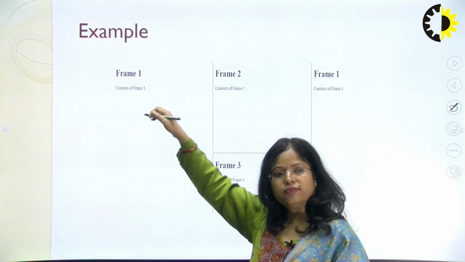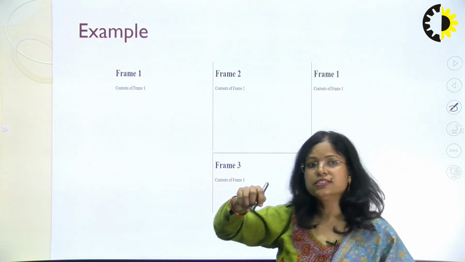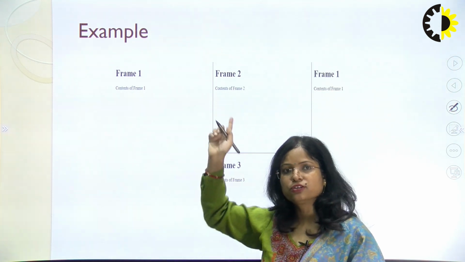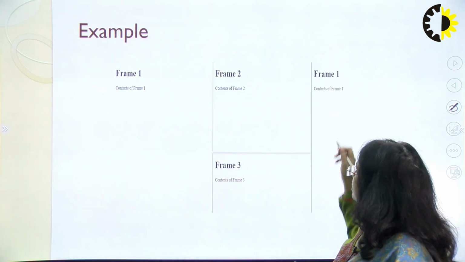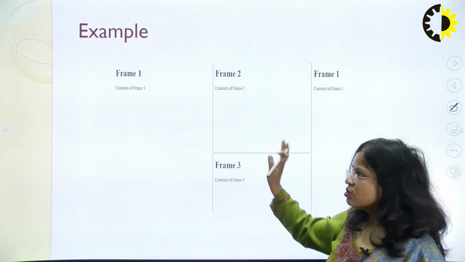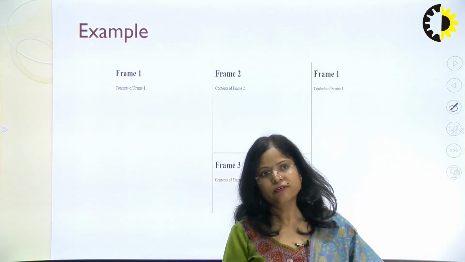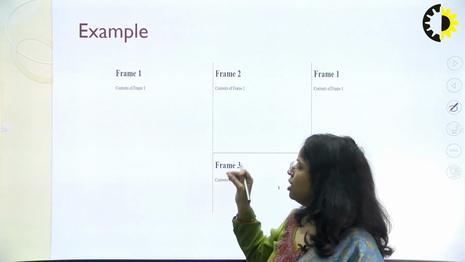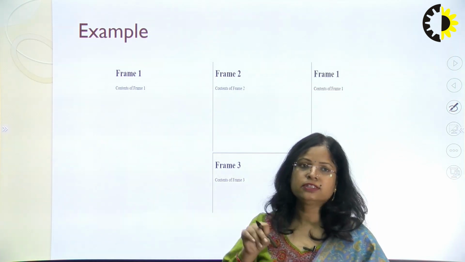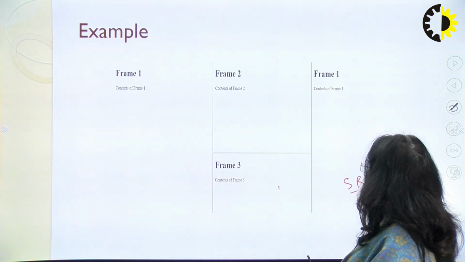For frame 1, we will design a specific web page. For frame 2, we will design a web page corresponding to frame 2, and similarly for the other column and row. So all these frames have their specific web page, and we load the web page corresponding to the particular frame with the help of the src attribute.